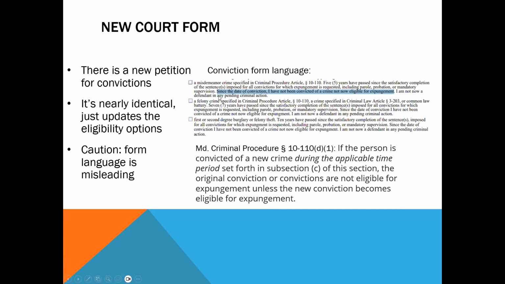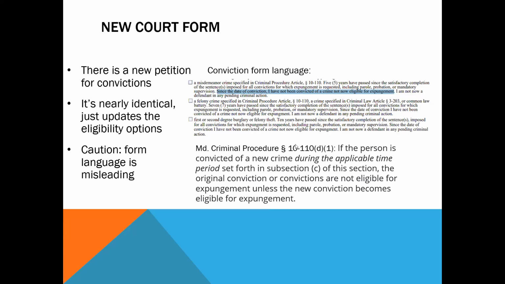Each one contains this highlighted language saying, since the date of conviction, I have not been convicted of a crime not now eligible for expungement. That is actually an incorrect phrasing of the statute.